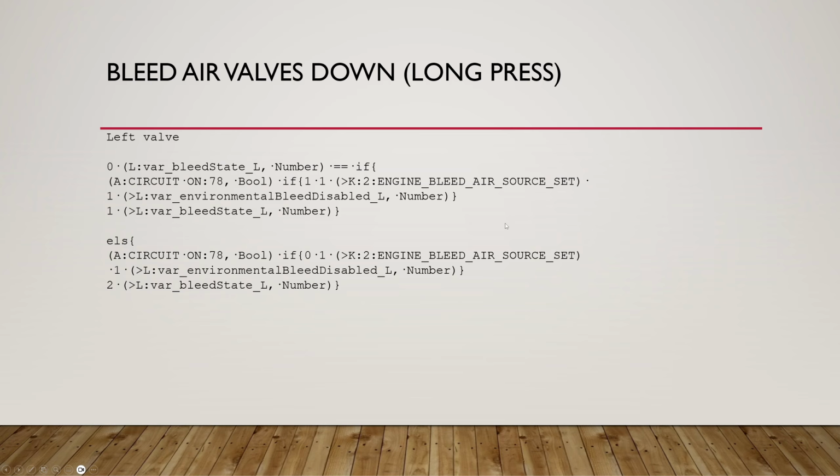I haven't put on here the right valve, but I'm sure you can work out that we need to change this to an R, change the circuit value here, and change the engine number to 2 that we're going to be working on. That's how the bleed air valves work.